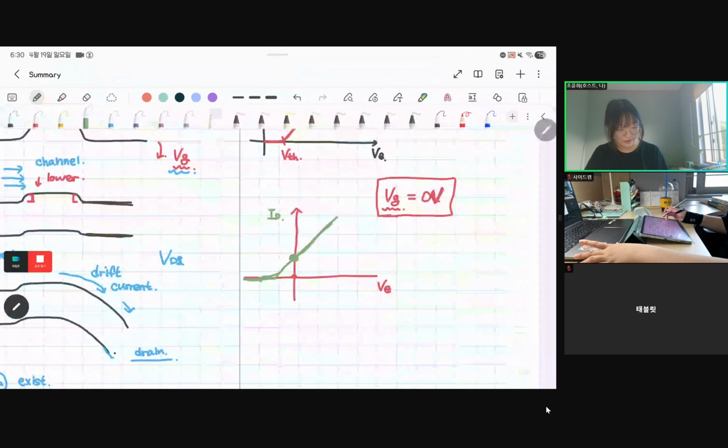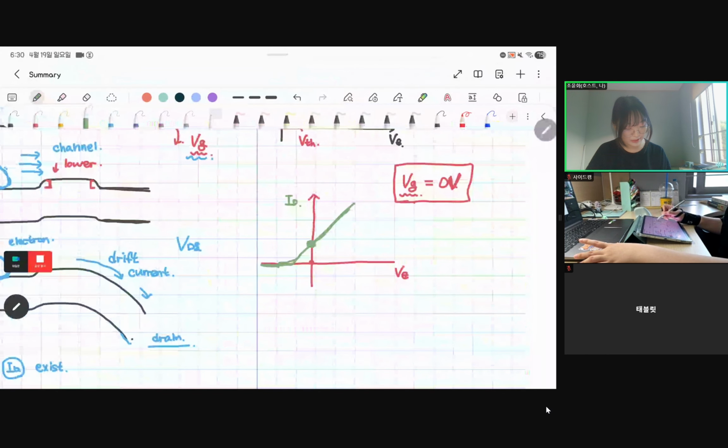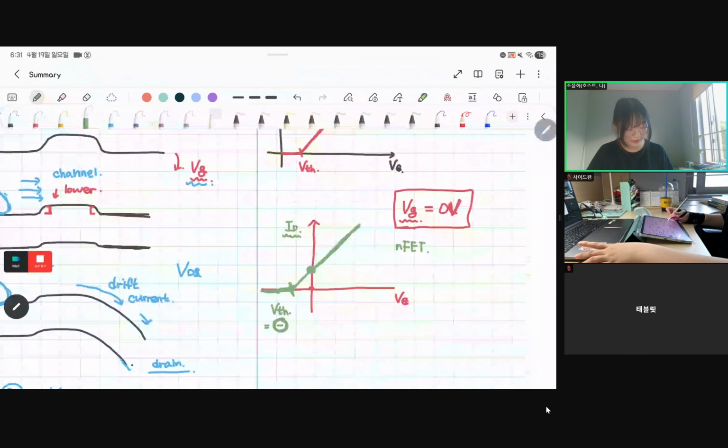So it means even if we don't give a gate bias to this device, the channel is already formed and current flows like this. As a result, the threshold voltage is negative for this MOSFET. So we can call this depletion mode.